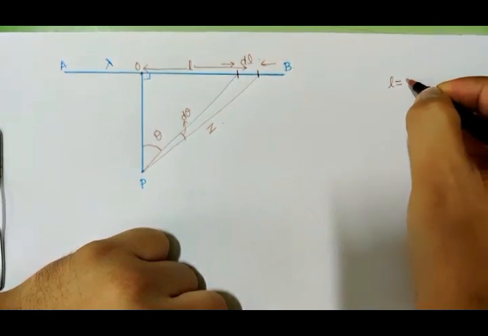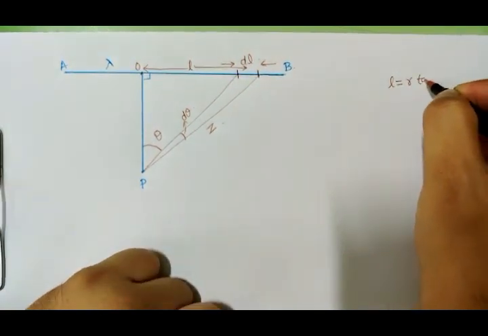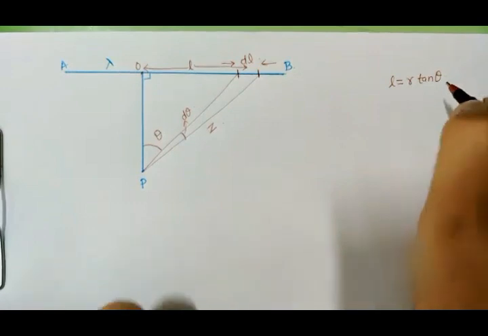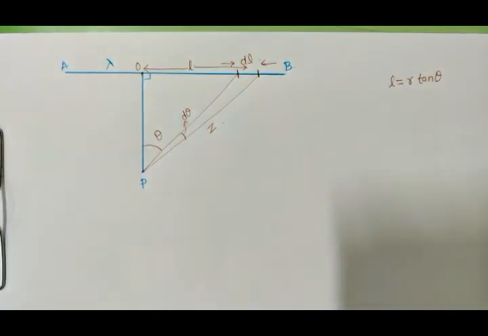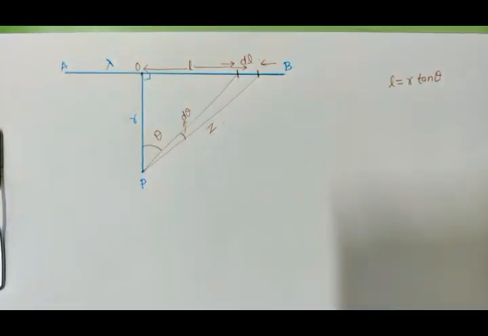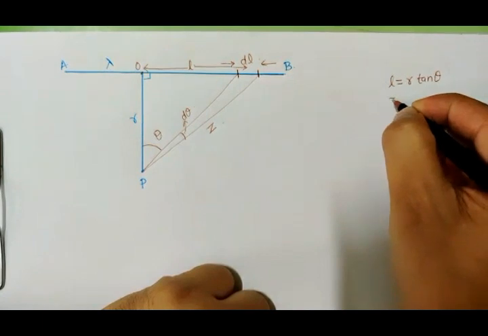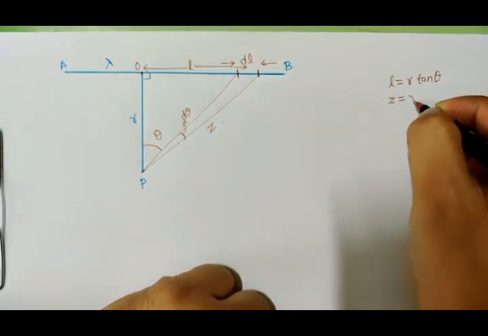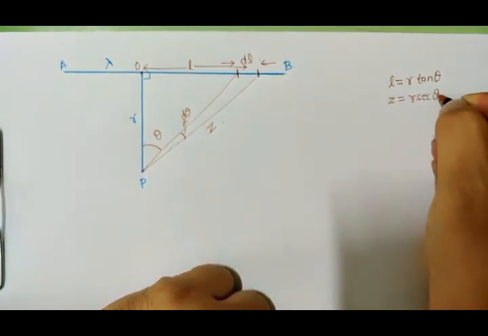So L equals R tan theta. Okay, I forgot to write the R. Actually, R is this distance. Next, Z will be equal to R sec theta.